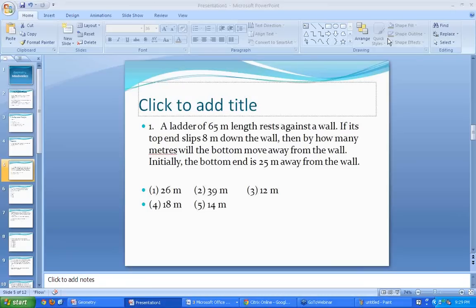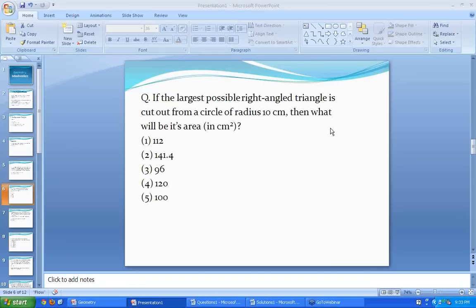Please solve this. Take 2 minutes and solve this. Geometry can be learned only by practicing the formulas.